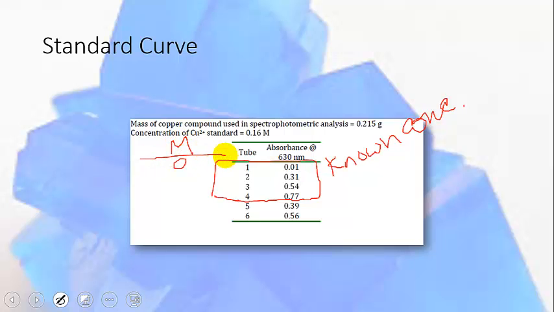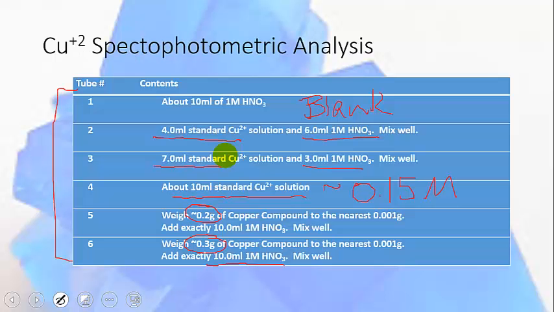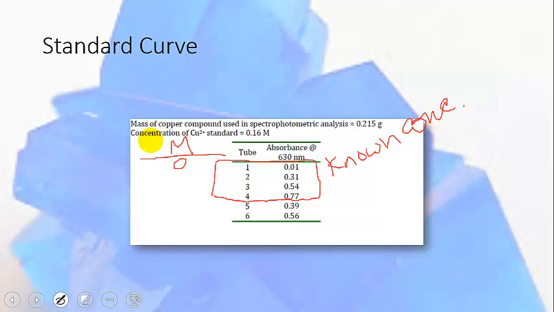The concentration of tube 2, we're going to use M1V1 equals M2V2 to figure that out. So we had 4 milliliters of, let's say, 0.15 molar copper.